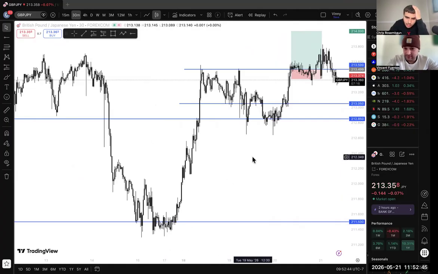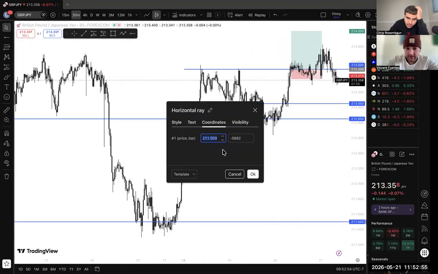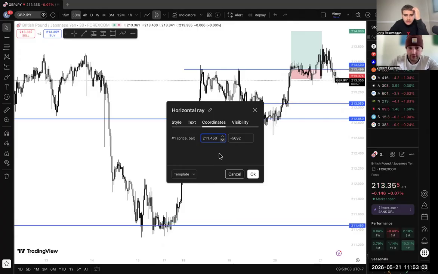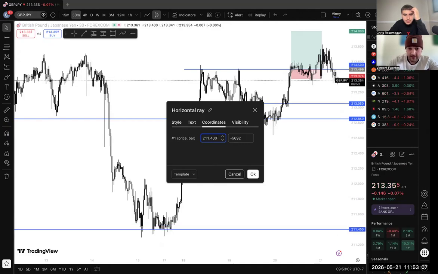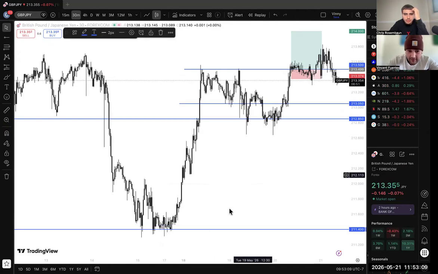That one right there would probably be around maybe the 400 or the 350. Put it at 450 or 400, maybe 400. Yeah, that's where the support will be for that one.